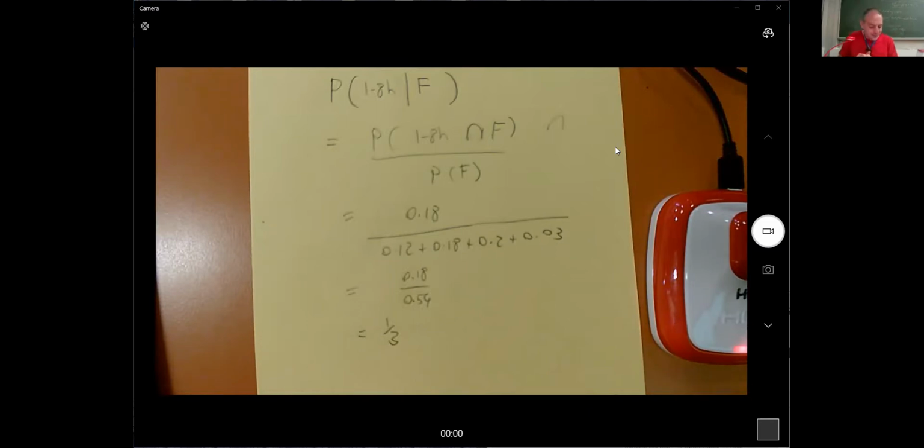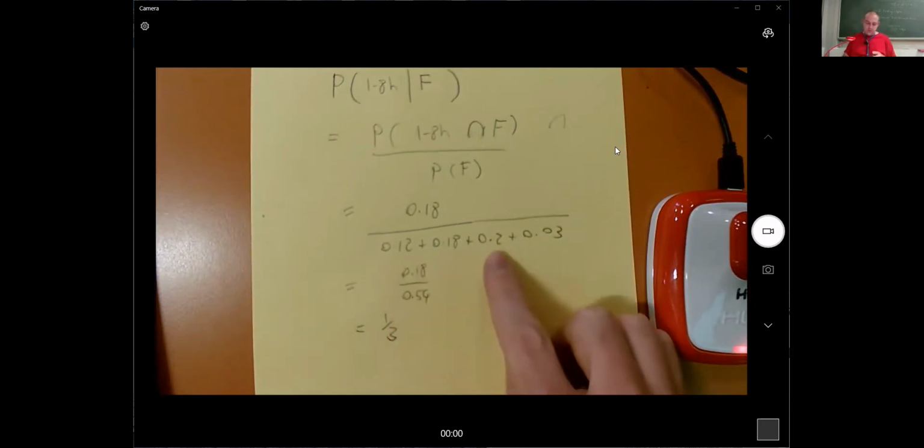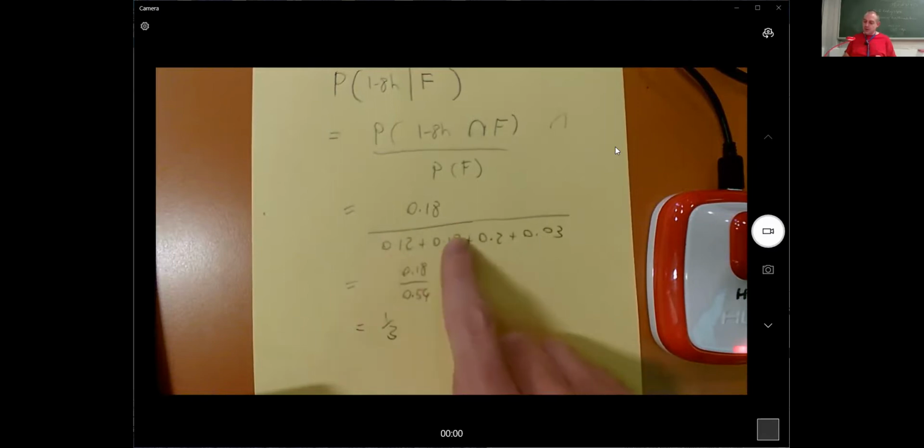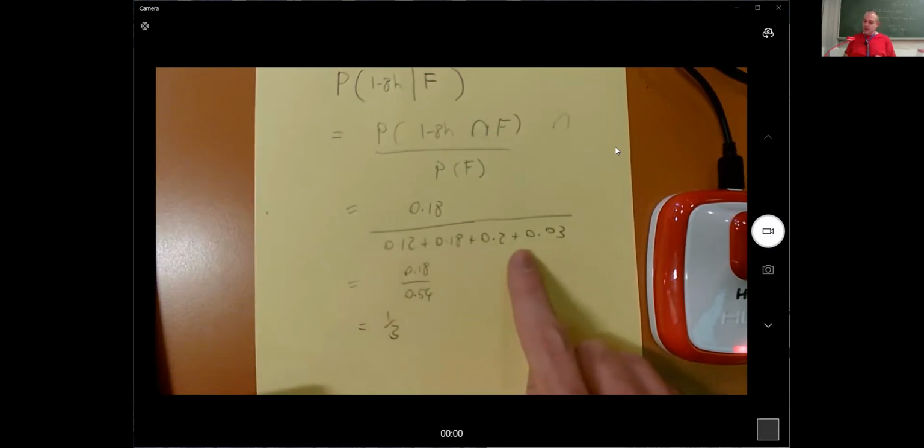Yeah. All right. So, is it 0.53? So you've got 12 and 18 and 20 and 3, which adds to 54 according to my calculator. That's 20, that's 30. Oh yeah. What did I write, 21, not 20.